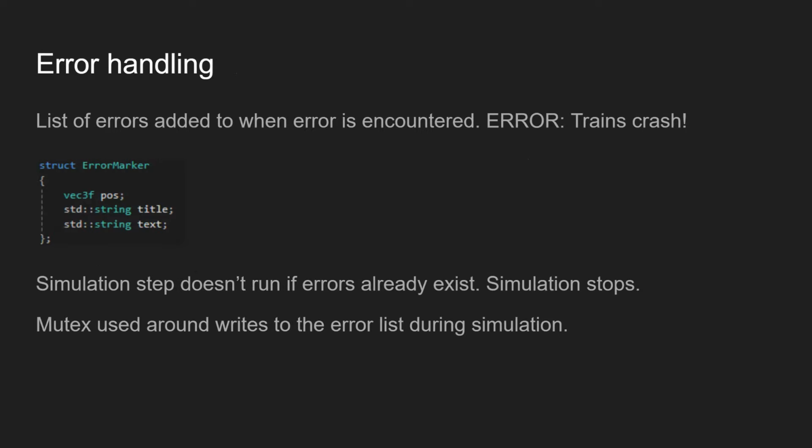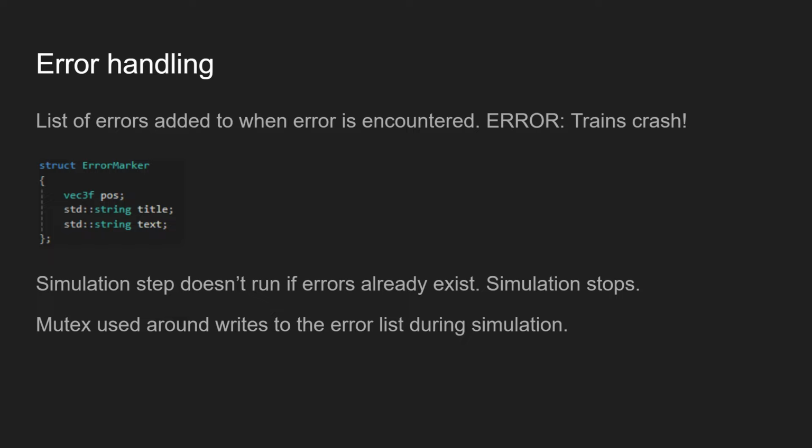Alright, so that covered the sources of overhead, but I would also like to talk about how I handle errors during the simulation, because that's something that is going to generically apply to multiple different parts of the simulation. The way that I deal with this is fairly simple.